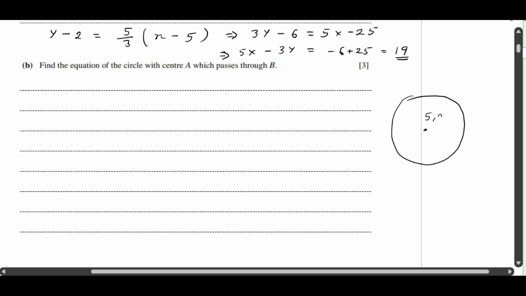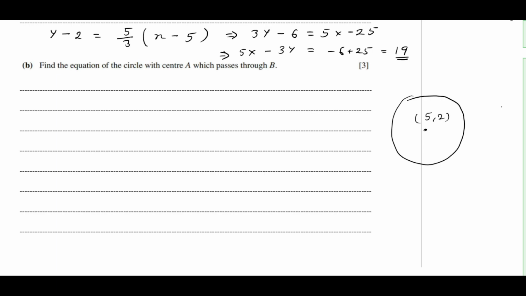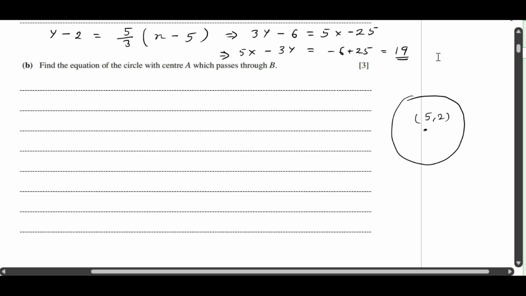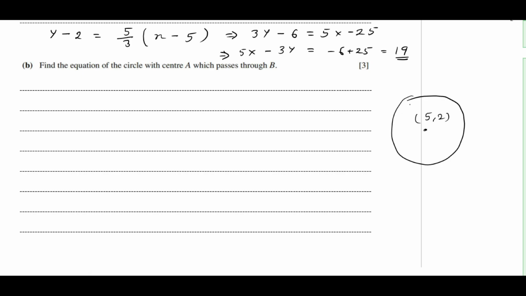Center is 5 comma 2. And there is a point B. The coordinate of point B is 10 comma minus 1.